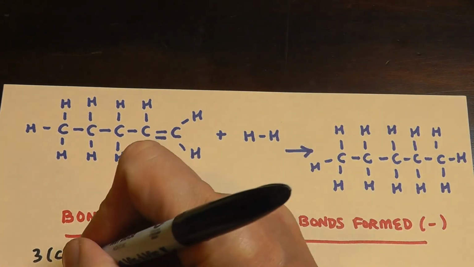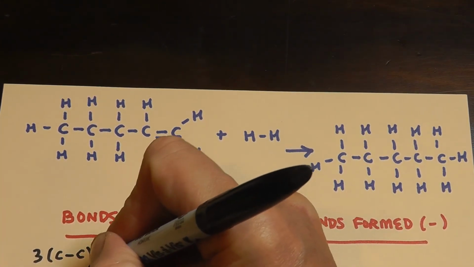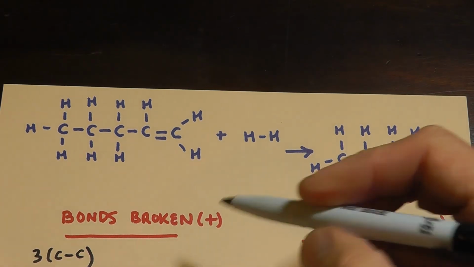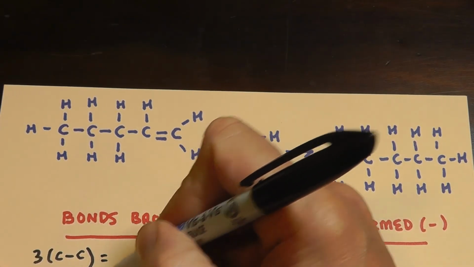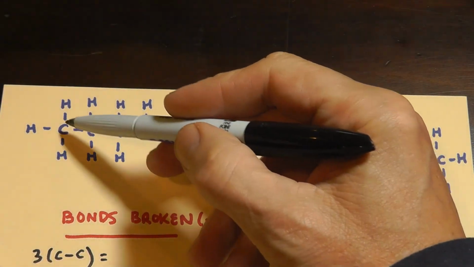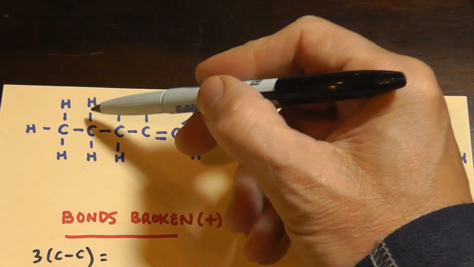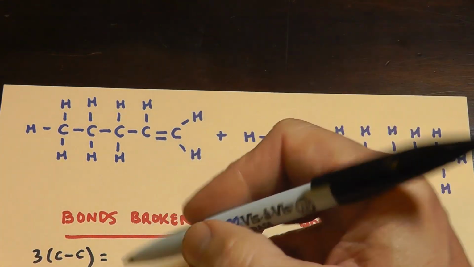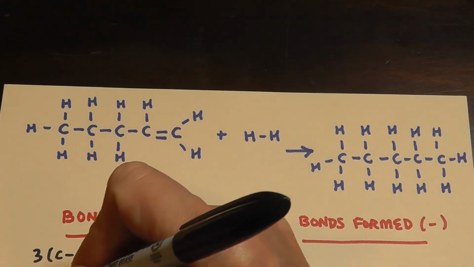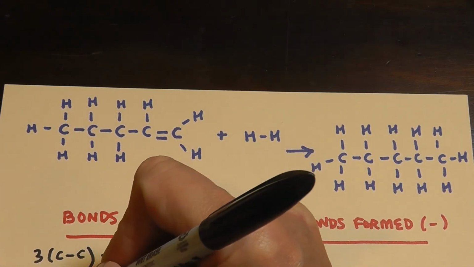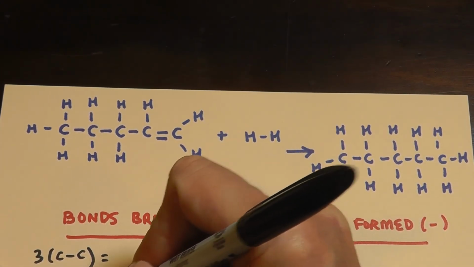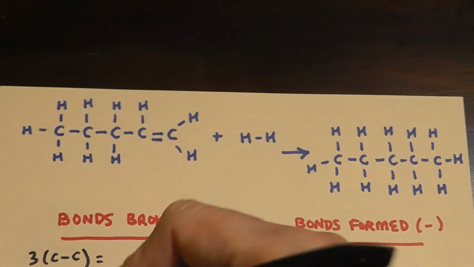There's 1 carbon-carbon double bond. There's a whole bunch of carbon hydrogen bonds. 1, 2, 3, 4, 5, 6, 7, 8, 9, 10. 10 CH bonds.